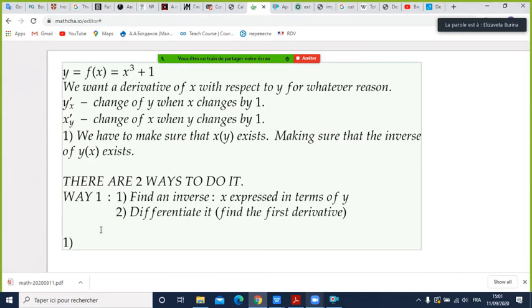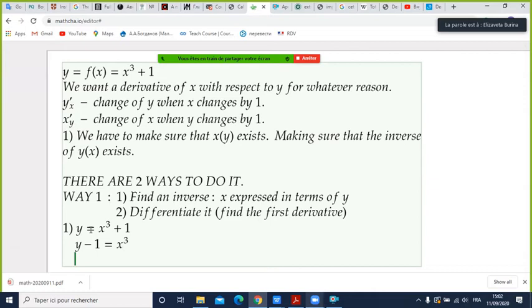And now we're gonna do it. So let's express x in terms of y. We had y equals x cubed plus 1. Okay, so we know that y minus 1 equals x cubed because we just moved 1 to the left.